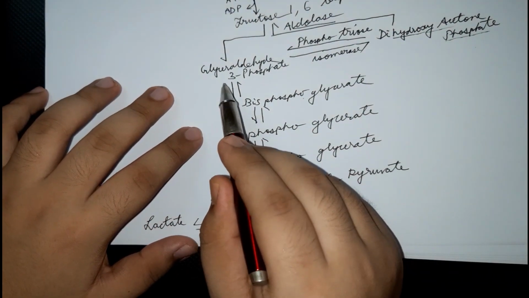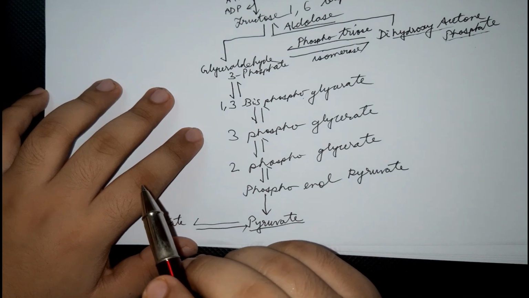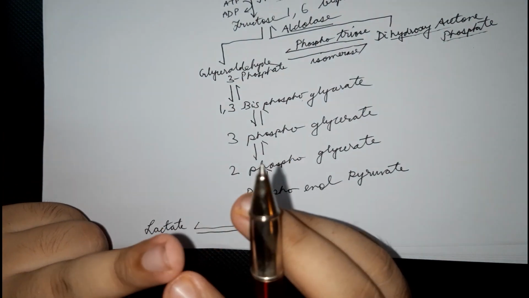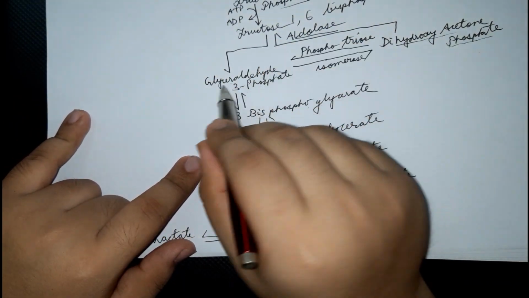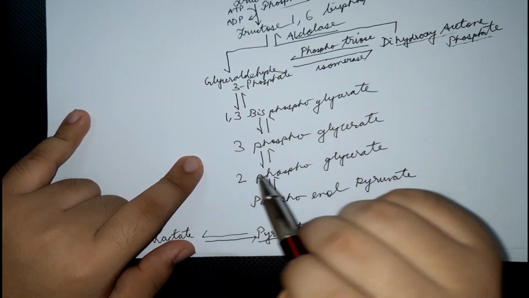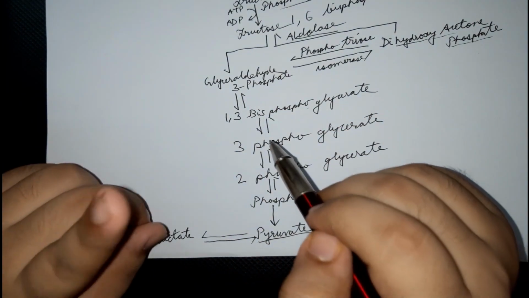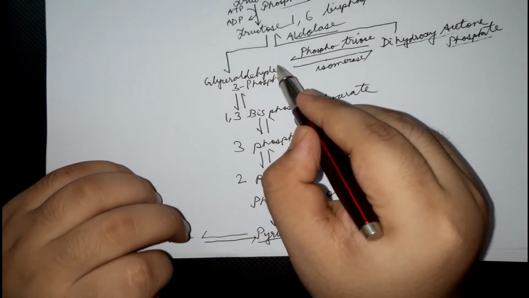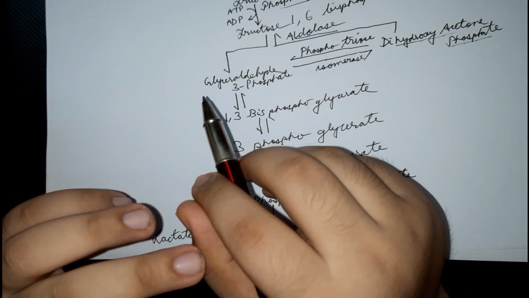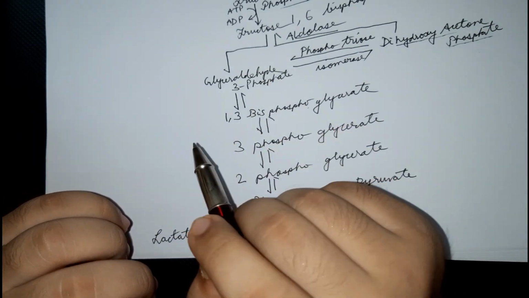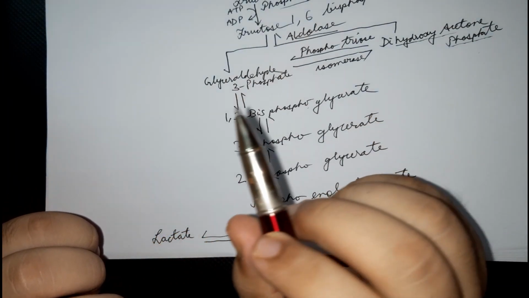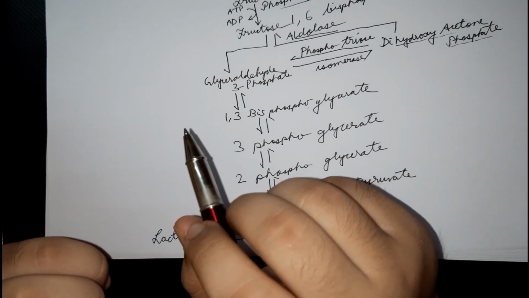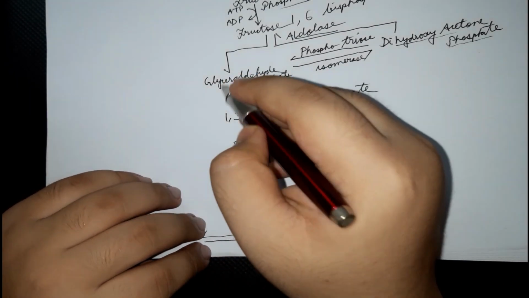Now the next step is very important. Why is it very important? It's very important for a number of reasons. Number one, first let's write the name of the enzyme here. See, glyceraldehyde 3-phosphate is being converted to 1,3-bisphosphoglycerate, but there is a but. Although phosphorylation of glyceraldehyde 3-phosphate is taking place here, phosphorylation is not the only thing taking place. What is the other thing taking place in this reaction?